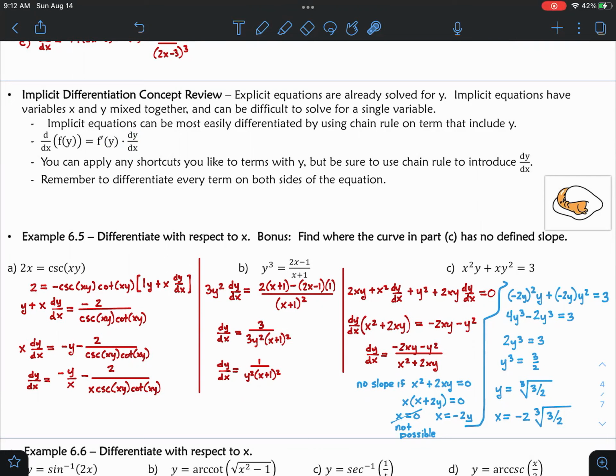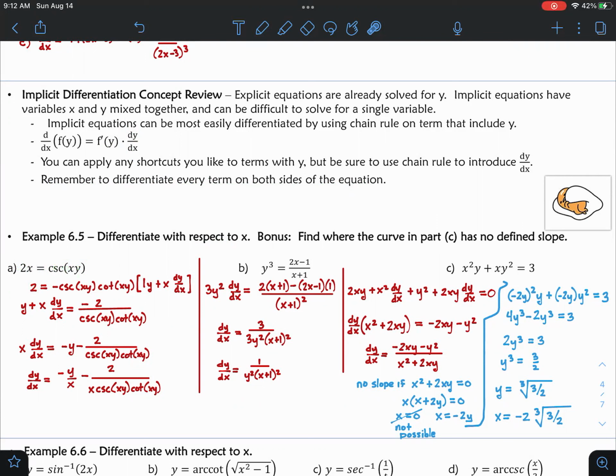All right. Overall, the strategy is just differentiate every term on both sides of these equations and you'll be good to go. Looking at the first one, we want to differentiate both sides with respect to x. The left side is easy because there's no y over there. We could just do this the straightforward way. Derivative of 2x is 2.